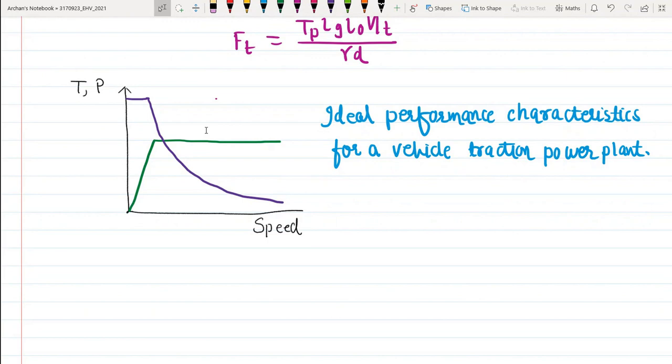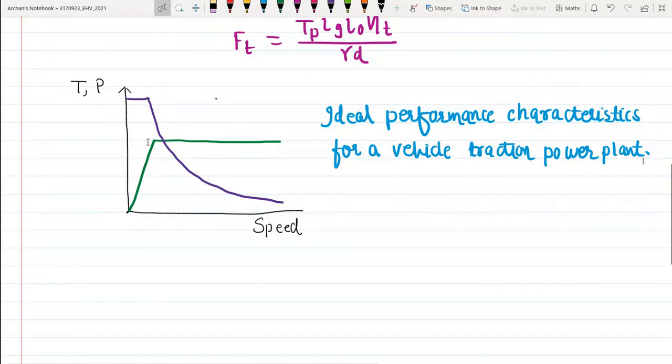Say, representative characteristics of a gasoline engine at full throttle, and we will also consider the characteristics of an electrical motor at full load. Then we should compare these two with the ideal one. Okay, this is my ideal characteristics.